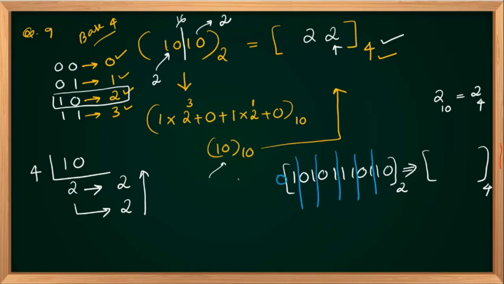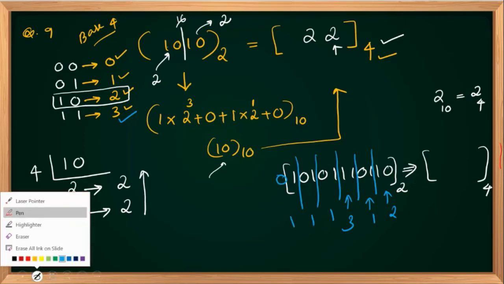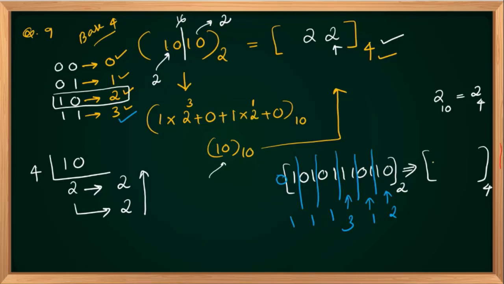By default, you can put a 0 here. So this corresponds to 2, this 01 corresponds to 1, 11 corresponds to 3. Look here, 11 corresponds to 3, 01 corresponds to 1. So this is equivalent to a base 4 number with the digits 1 3 1 2, base 4.